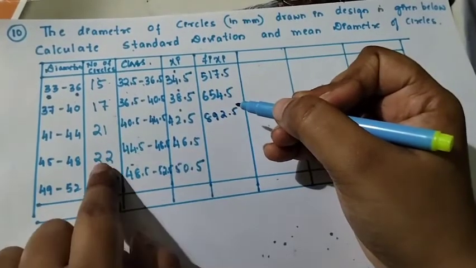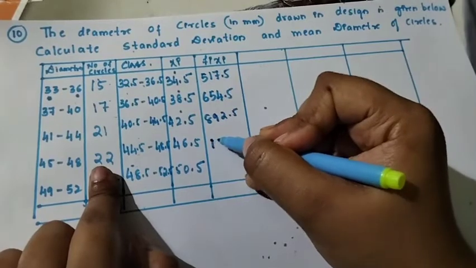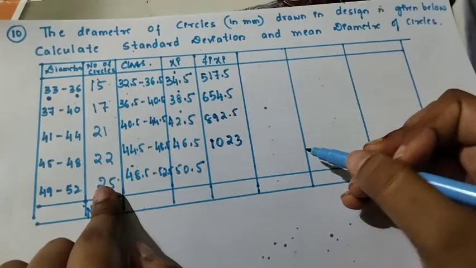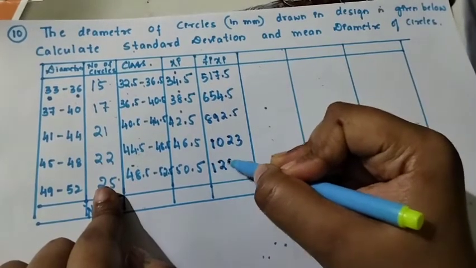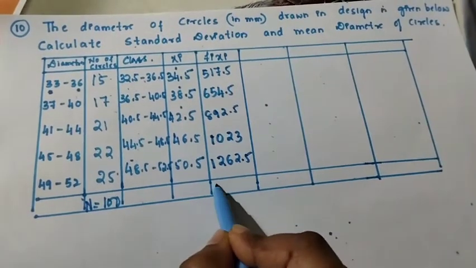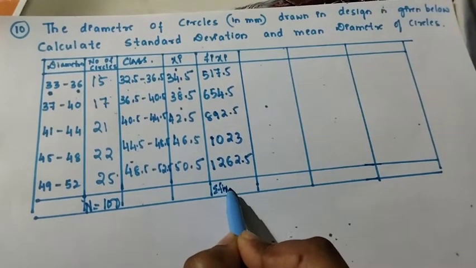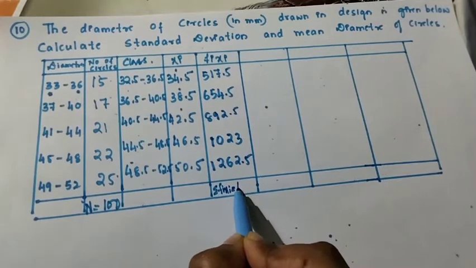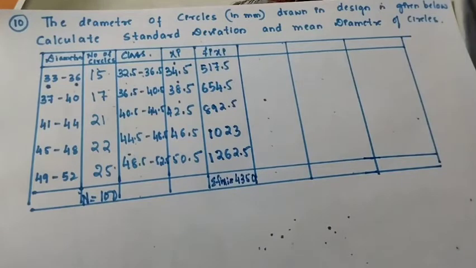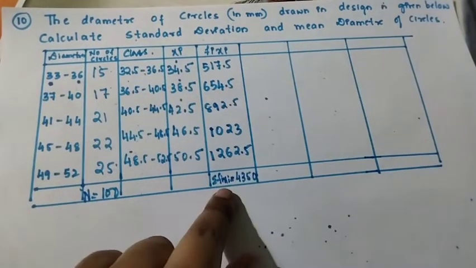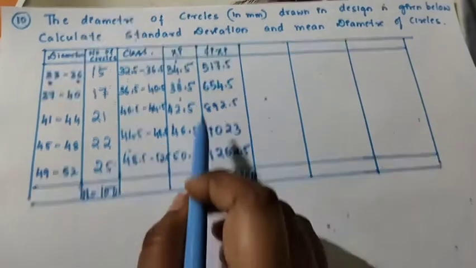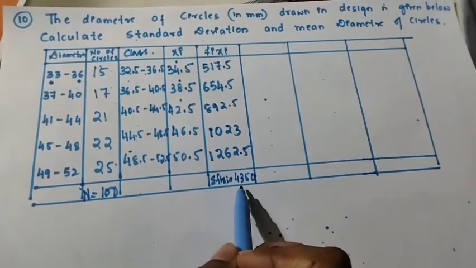Next, 46.5 into 22 gives 1023. 50.5 into 25 is 1262.5. So the summation fi xi is 4350, by adding all these terms.